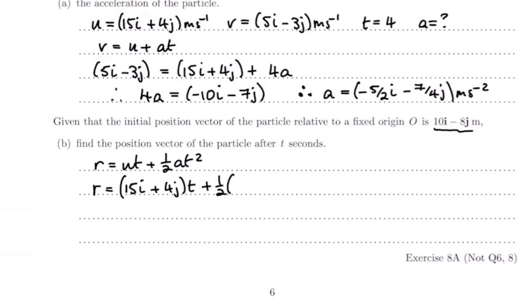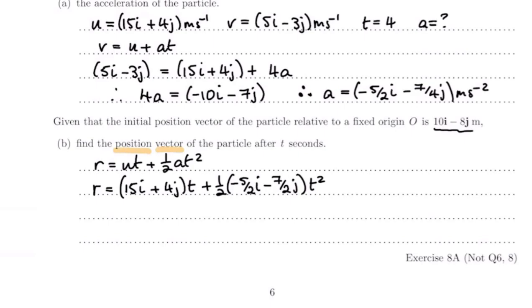Now we know that a is minus 5 over 2 i minus 7 over 2 j, and that's t squared. But that is the position from the starting point. And the question very clearly said, find the position vector.